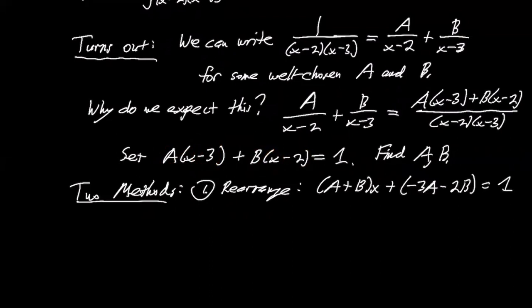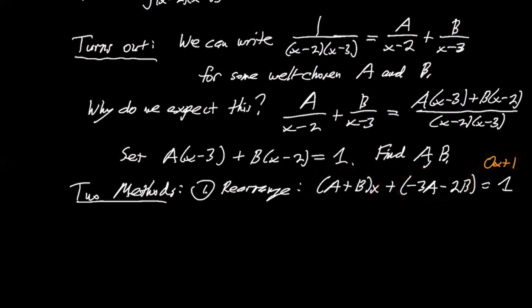If we want this to be true, x is a variable. So what I want is for the term in front of x to be 0, because that means the term with the variable goes away. There's no variable on this side of the equation. You could think of this as 0x plus 1. So it's almost like saying this should be 0 and this should be 1.